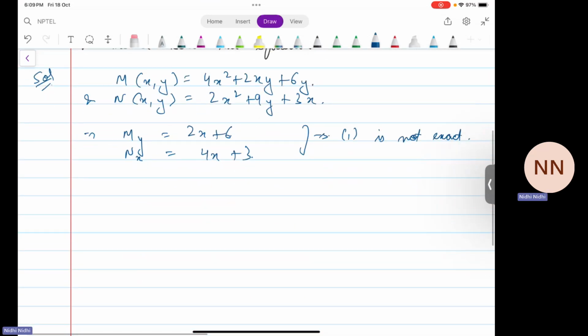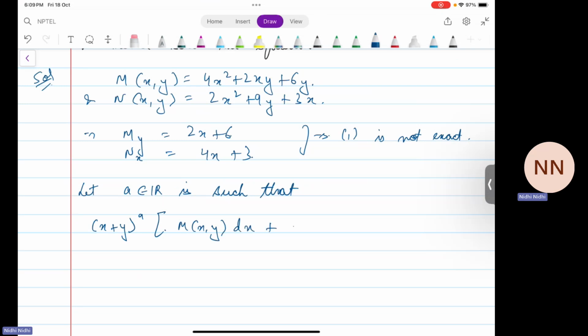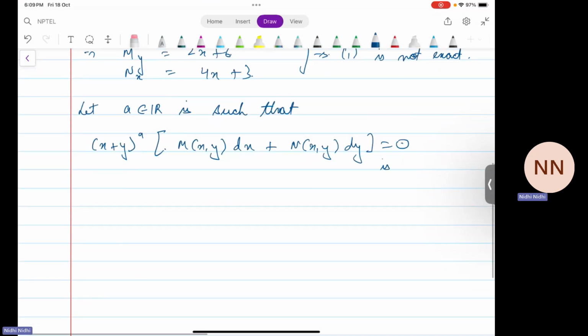So, let a belonging to R be such that (x plus y) to the power a times (M(x,y) dx plus N(x,y) dy) equals 0 is exact.